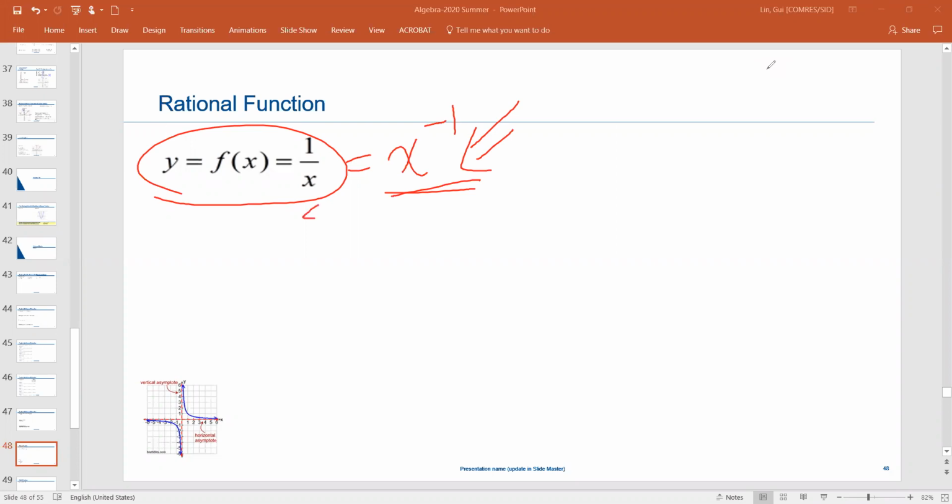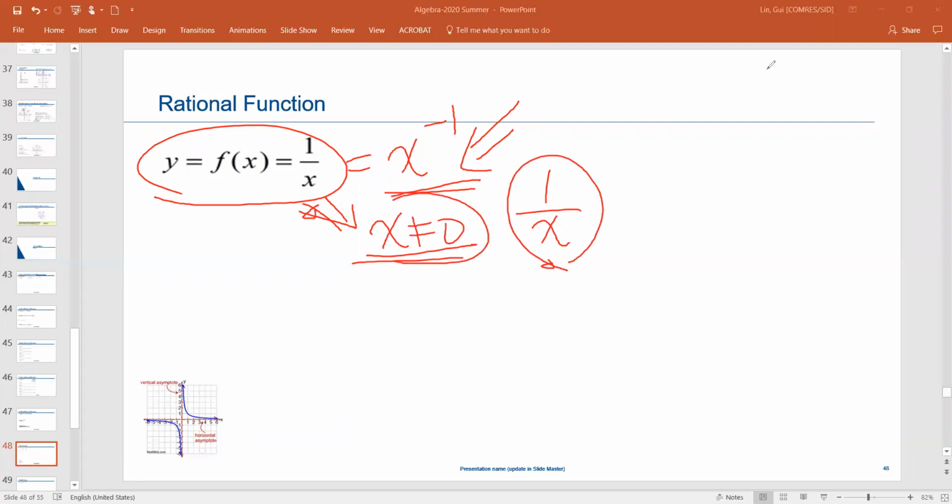Obviously x cannot be 0 because x is the denominator, right? If x equals 0, the denominator becomes 0. It's like you have an apple and try to divide it among nobody. It doesn't make sense to ask how many each person got, because you didn't separate any people. That's why x cannot equal 0. But other than x not equal 0, what is possible?